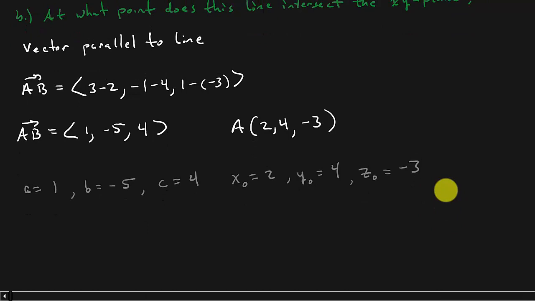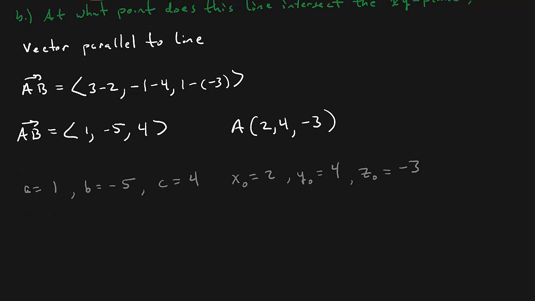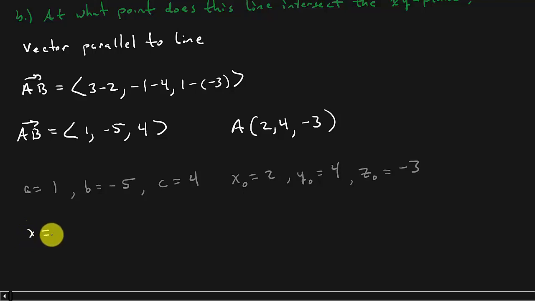And remember what the parametric equations are. Let's just write it down again. y is equal to y0 plus bt, and z is equal to z0 plus ct, right? That's our parametric equations.